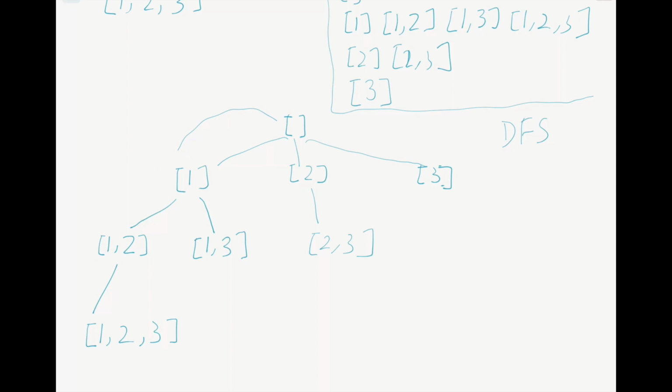But how can we keep track of the elements we've already counted? For example, when we are at node 1, then we go to node 2. How do we know we've already visited node 1? Here we can create an index called start index.